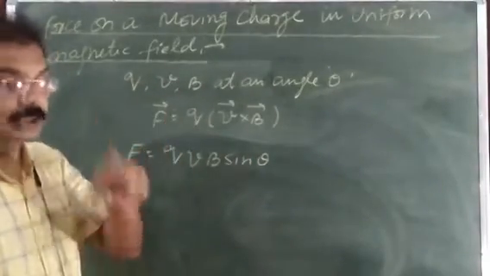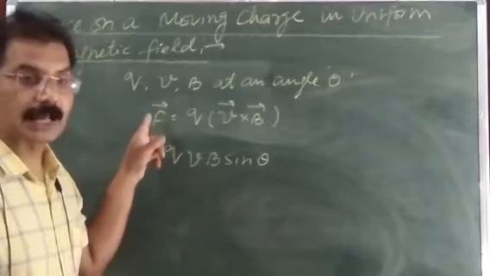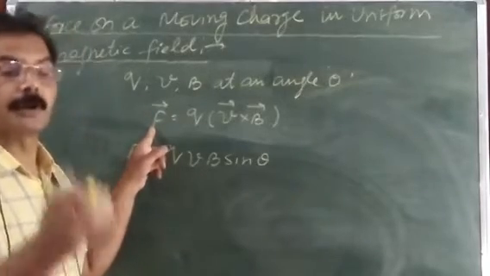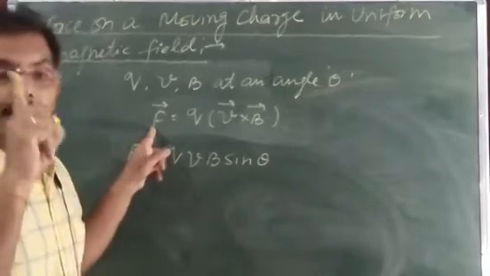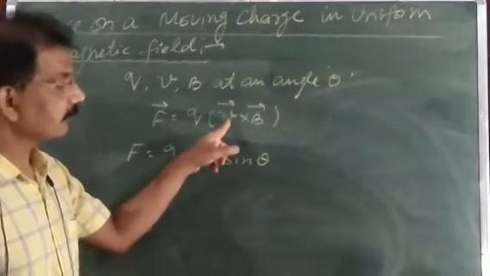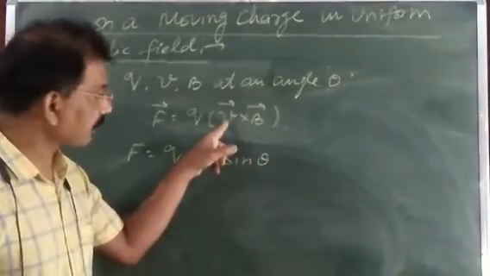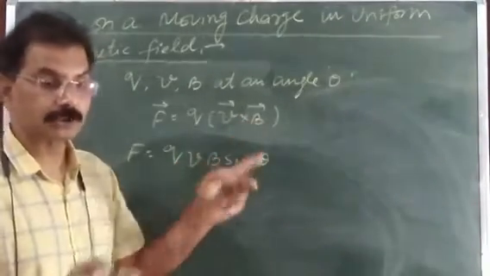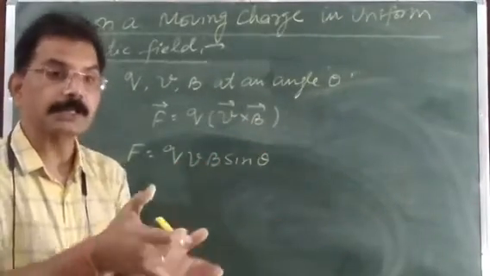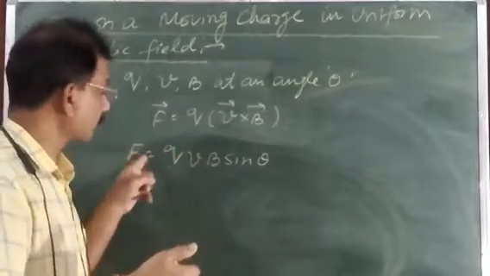And now what is the direction of this force? Actually, the direction of this force is perpendicular to the plane containing vector V and vector B. The plane formed by vector V and vector B, the force acts perpendicular to that plane.